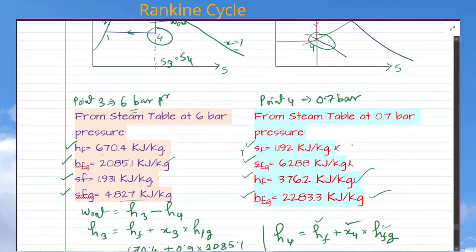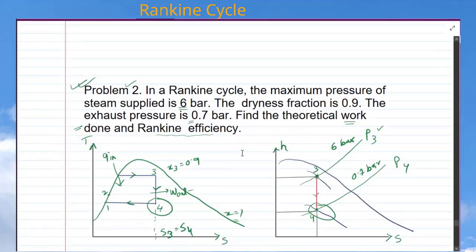The work done by the turbine, or work output, is done during the expansion process 3-4, from H3 to H4. We have calculated H3 as well as H4. So W out is equal to H3 minus H4.